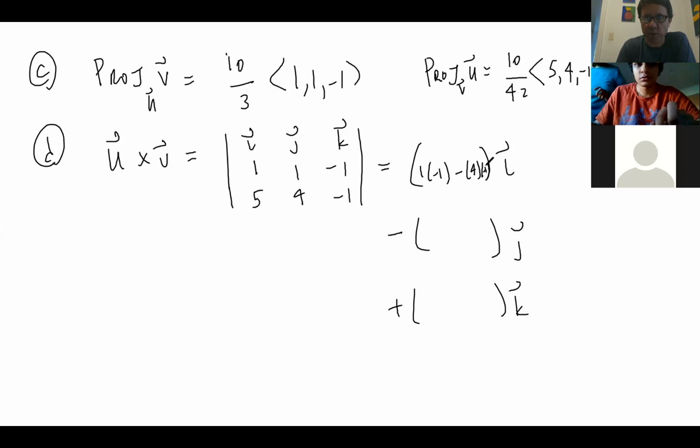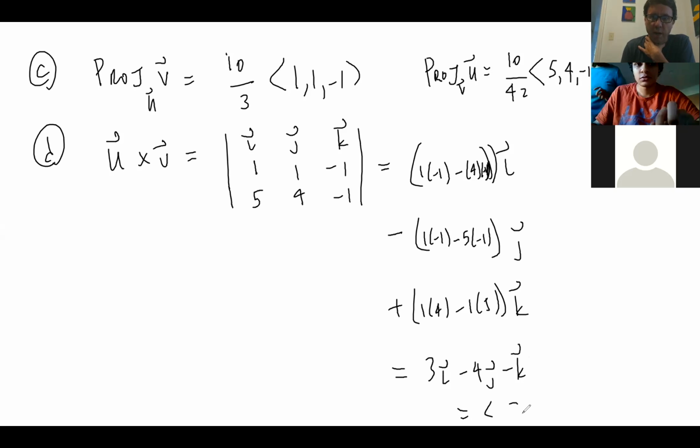For J, it's going to be 1 times -1 minus 5 times -1. And then K, it's the ones down here: 1 times 4 minus 1 times 5. And so if you write that out, it's either going to be 3I minus 4J minus K, or if you want to write it in vector format, 3, -4, -1.